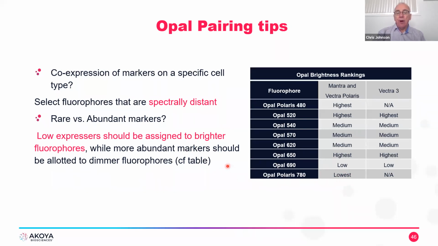So therefore, strong antibodies going on to strong sites going on to the lower signals of the 780. And in this case, often the pan-CK, which is the cancer indicator, is a very strong emitter. So therefore, we often couple that with 780.